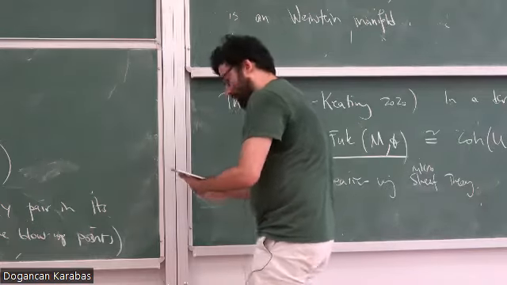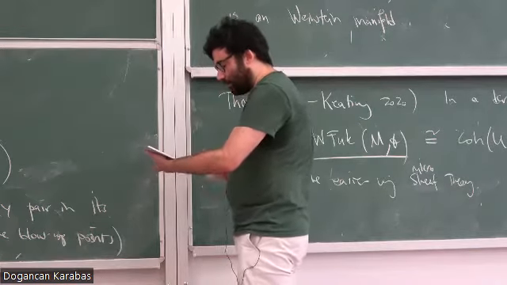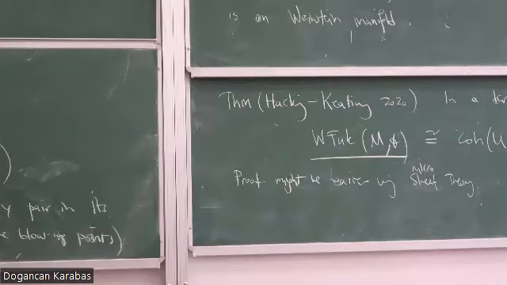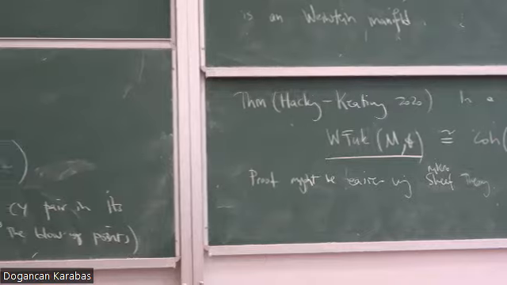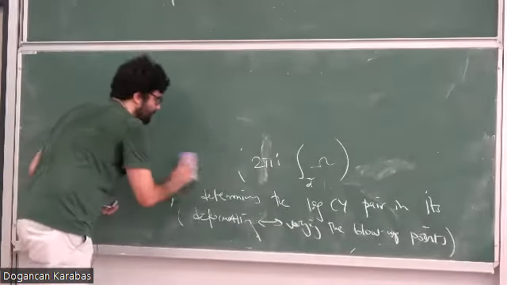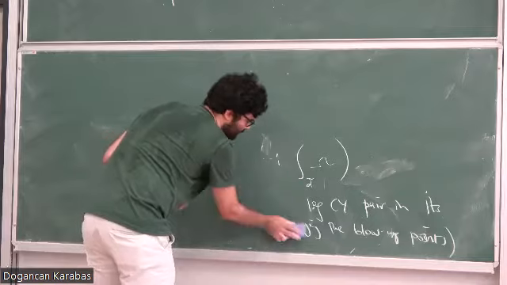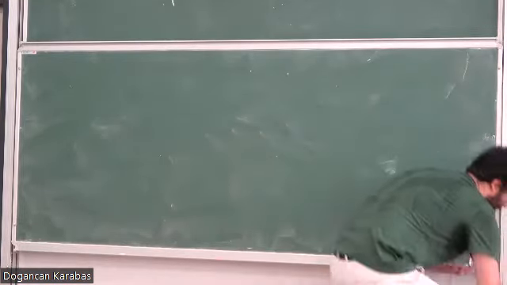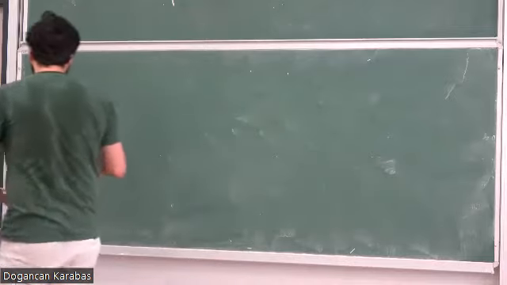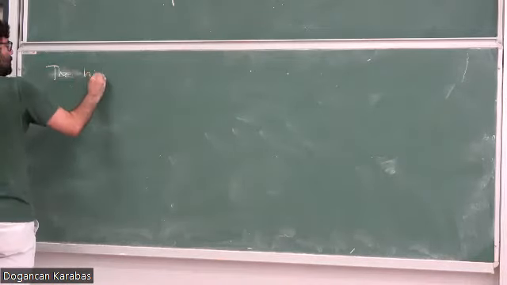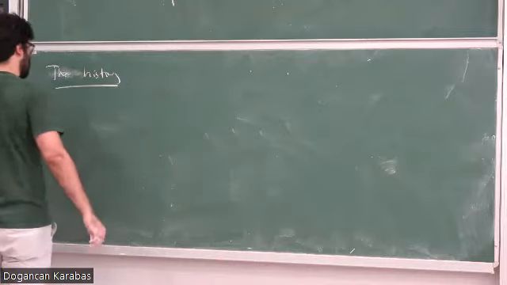Okay, so now I want to just end by telling you a little bit about the history of this theorem from my point of view. So how this theorem came about. The history of the result.